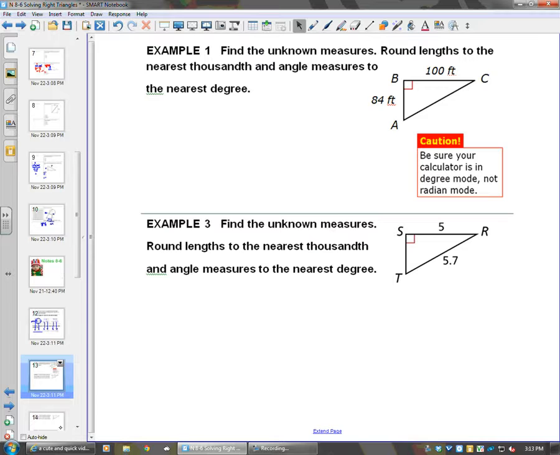We already know what segment AB is. We already know what segment BC is. Let's find out what segment AC is. How would you like to find that? Pythagorean theorem, excellent. So we're going to do 84 squared plus 100 squared, and that's going to equal segment AC squared. So when you type that in the calculator, tell me what you get.